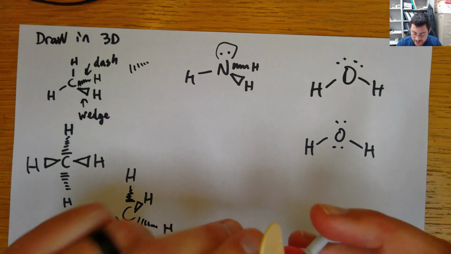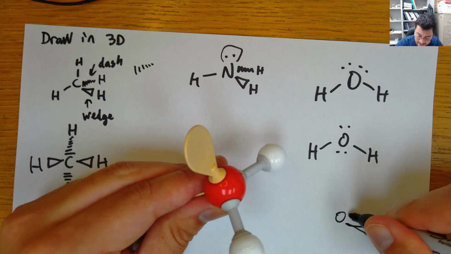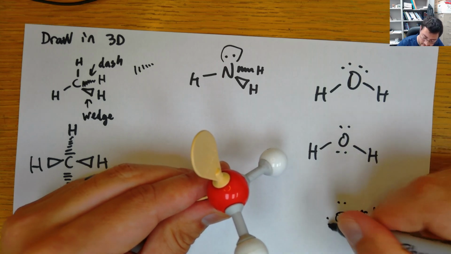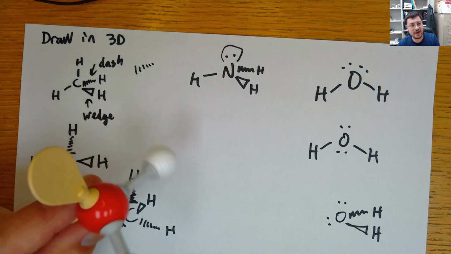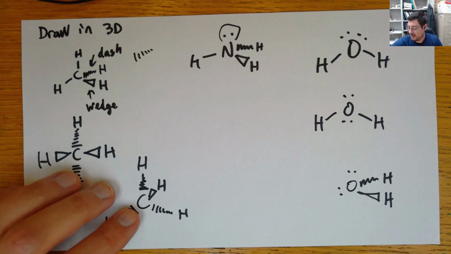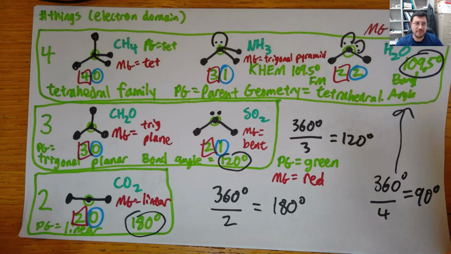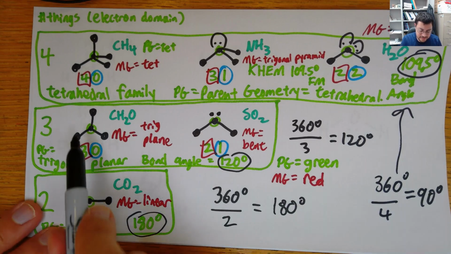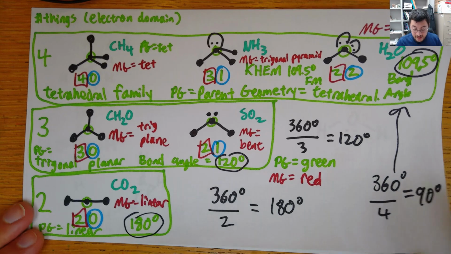If you really wanted to draw it in this 3D orientation to make it look like a tetrahedron, okay, sure, but again, you don't have to. And for the other structures, you would not have to attempt to draw them in 3D with dashes and wedges. They're flat, so you don't have to do that if you don't want to.